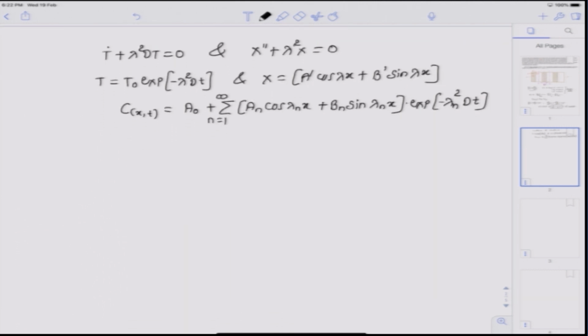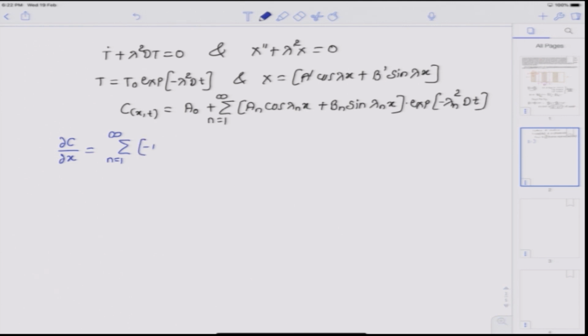So, first we will use the boundary condition. For boundary condition, we need to evaluate the derivative. So, ∂C/∂x would be ∂A0/∂x, which is 0, plus summation n equal to 1 to infinity, ∂/∂x of cos lambda n x is minus lambda n sin lambda n x.